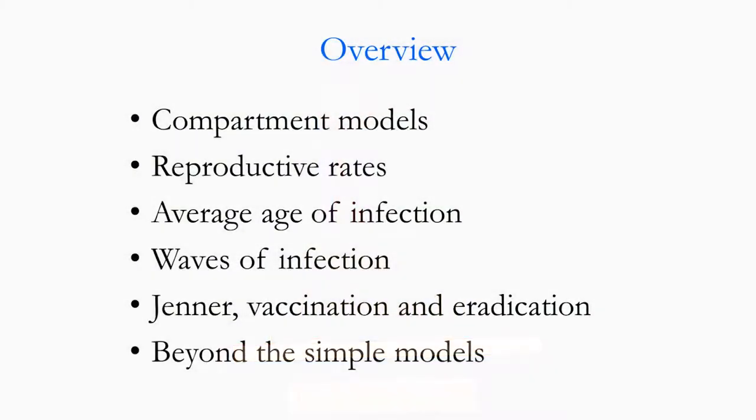We're going to be considering diseases for most of the lecture which, if you survive them, give you lifelong immunity. And so it's natural, therefore, to divide the population into various compartments: those susceptible to the disease, those infected with the disease, and those recovered and immune from the disease. And people can move between these compartments.